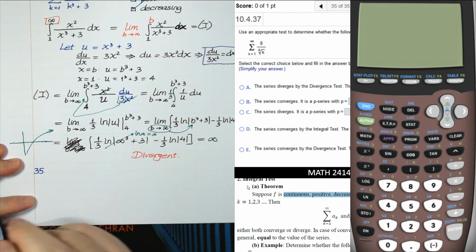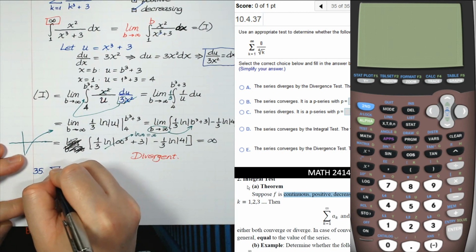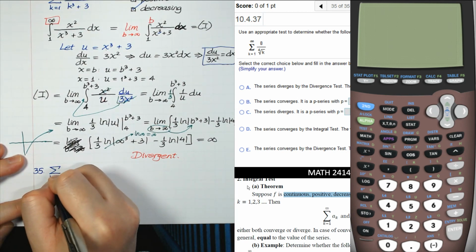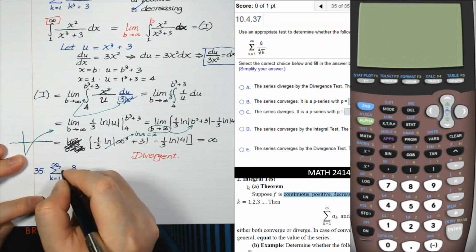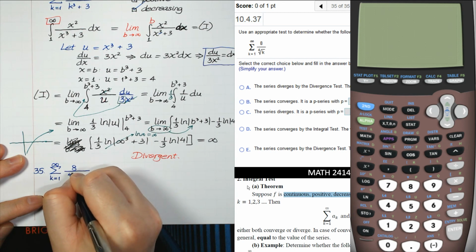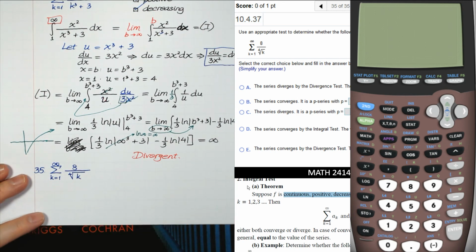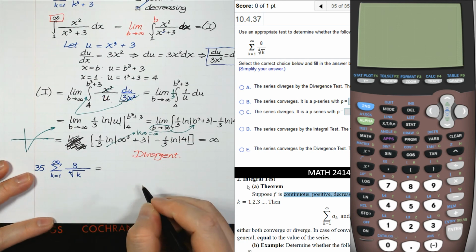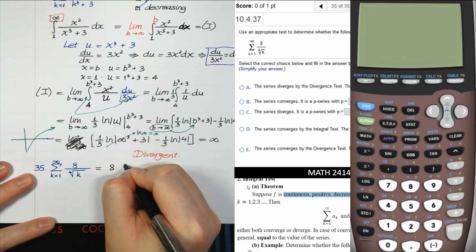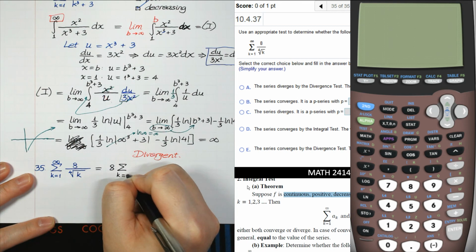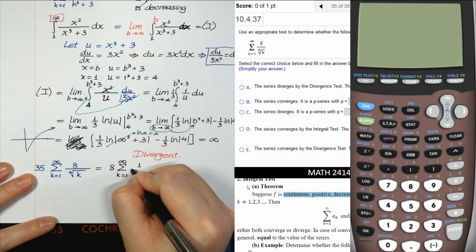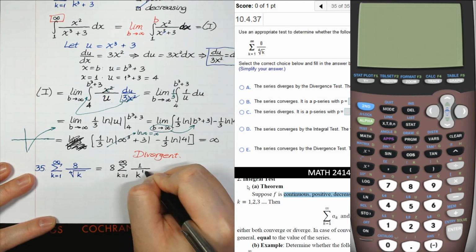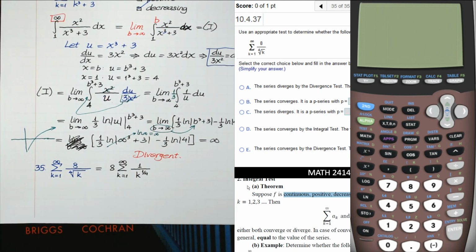Oh, that's the last one. 8 over the fourth root of k. By the way, this is actually very easy. We just factor out the 8, and this we write as k to the 1/4. Now this is a p-series where p is equal to 1/4.